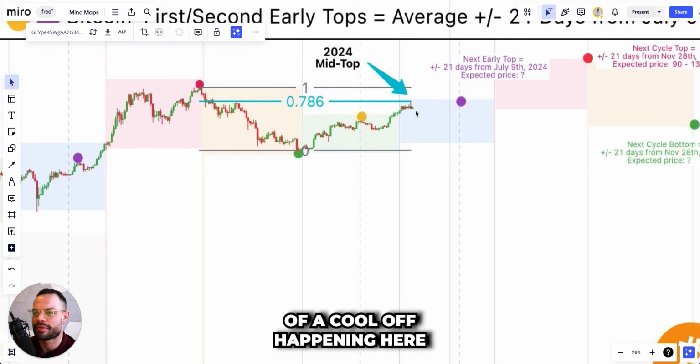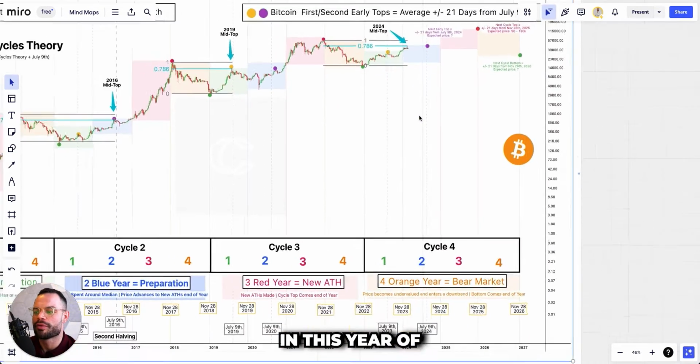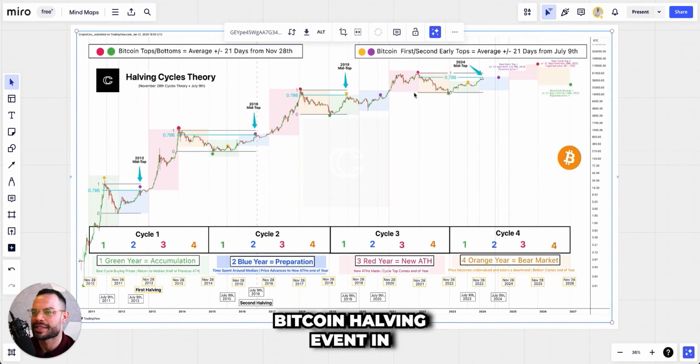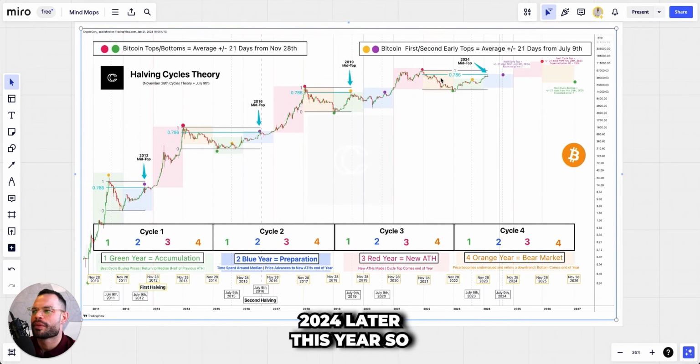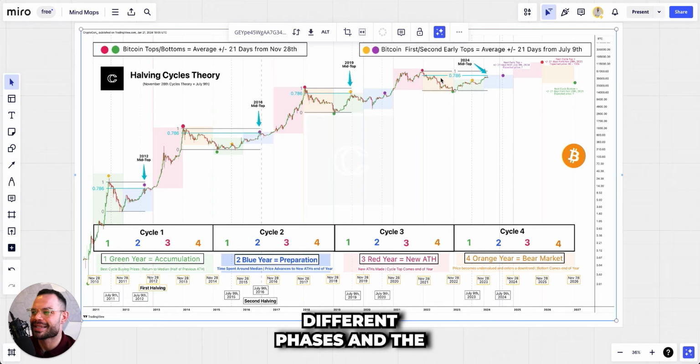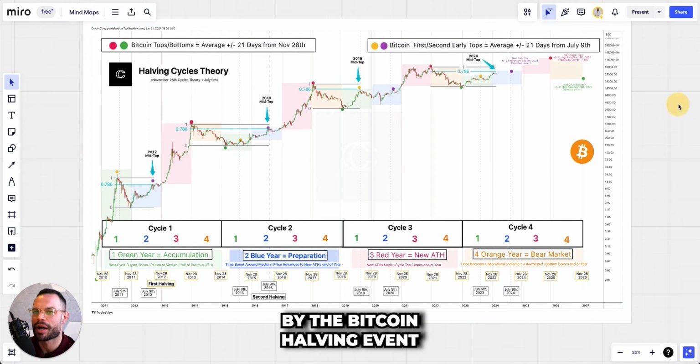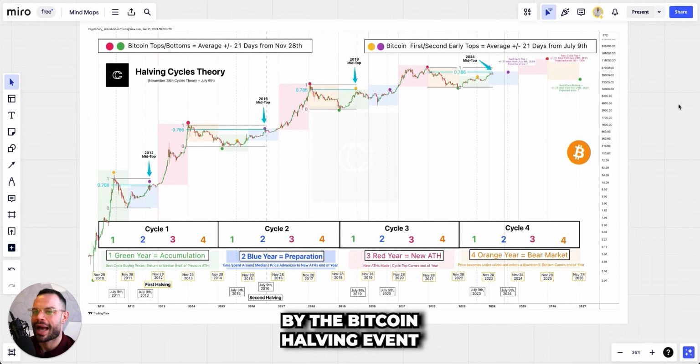So even a little bit of a cool off happening here in this year of preparation as we edge closer towards the Bitcoin halving event in 2024 later this year. So again, these are the different phases and the different years of price action in this 4-year cycle. And the 4-year cycle is really driven by the Bitcoin halving event.